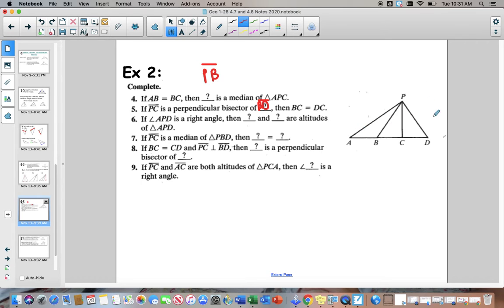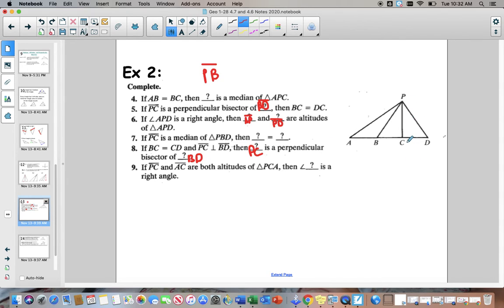If APD is a right angle, then AP and PD are altitudes. If PC is a median of the triangle PDB, then PC is a perpendicular bisector of BD.